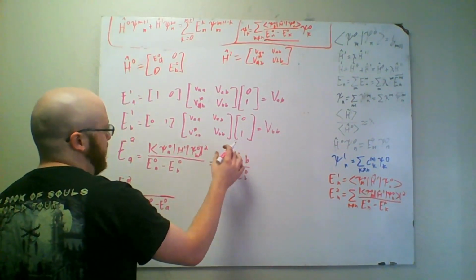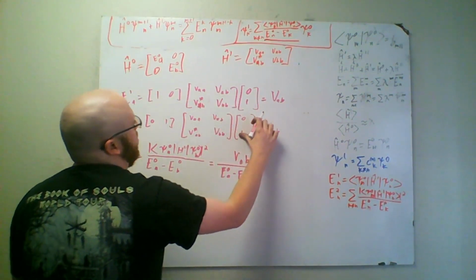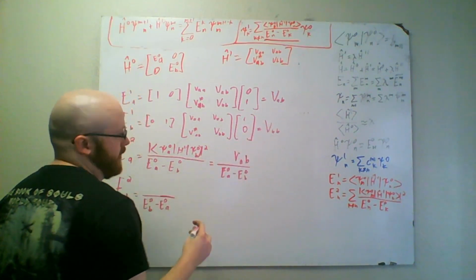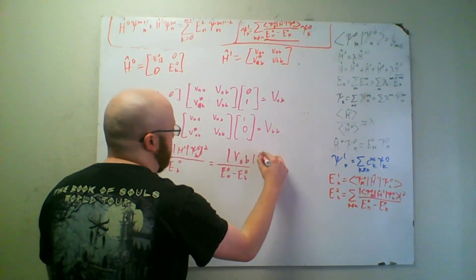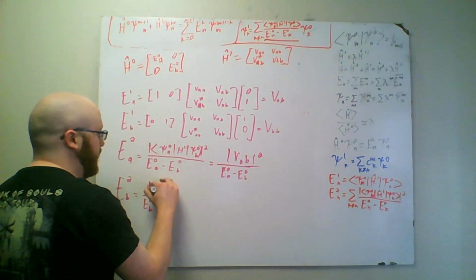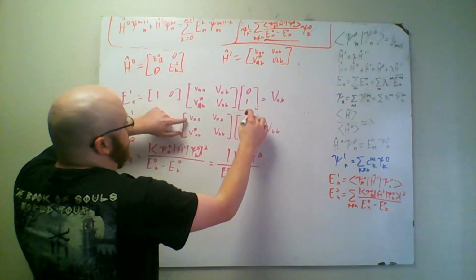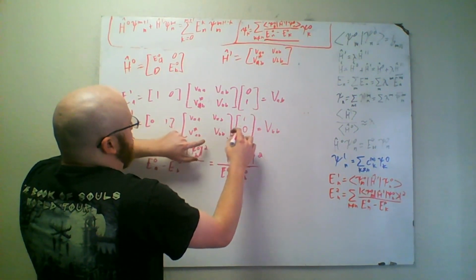And then instead of this, you end up flipping this guy because now you're doing psi 0B first. So it's magnitude squared. And then this guy is just going to be VAA, V star AB.